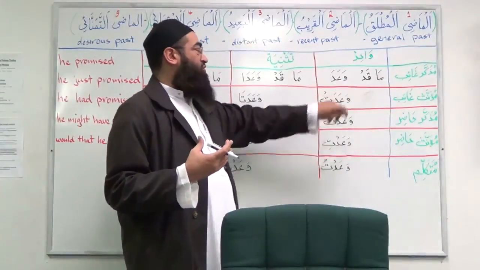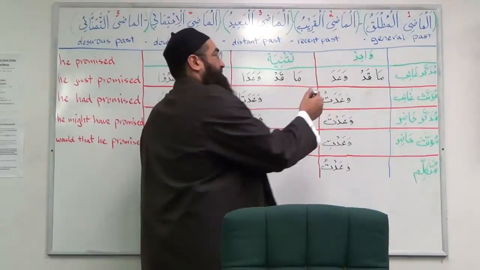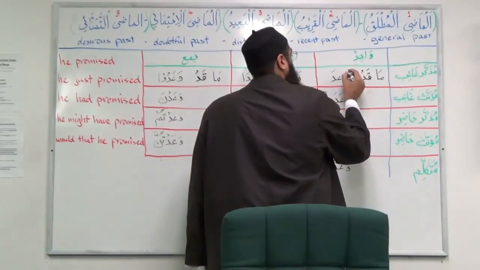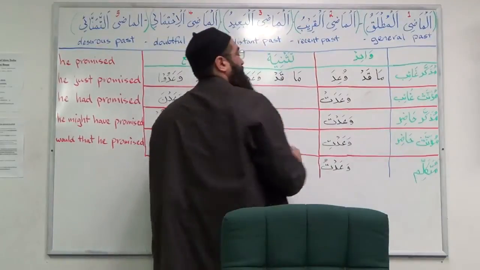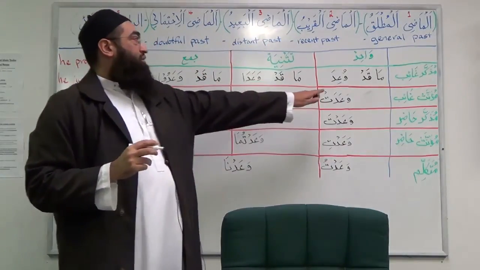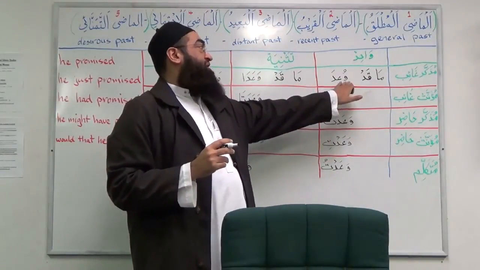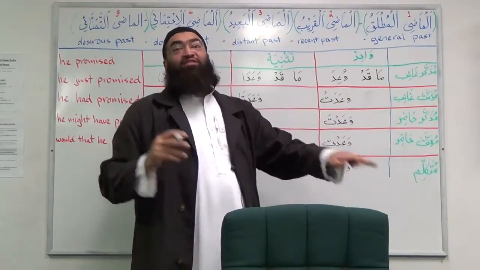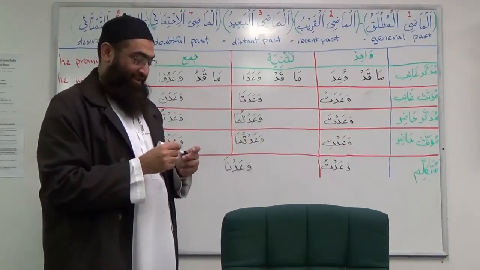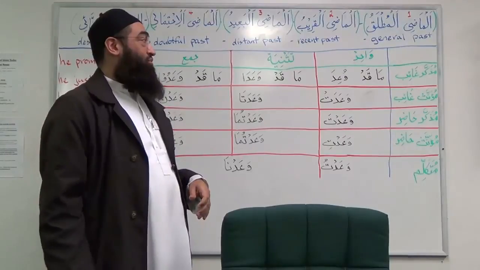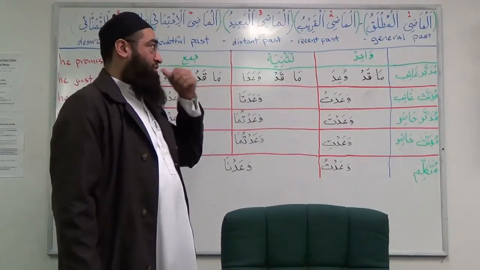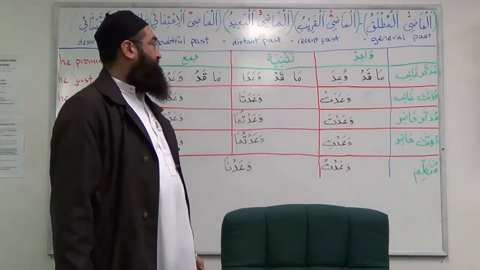But anyway, we can work with wa'ada. So, if we make it majhool, then ma qad wu'ida. So, that one man did not just get promised. Alright? These examples actually do come in the Quran. We will mention them, inshallah, as we get ahead.